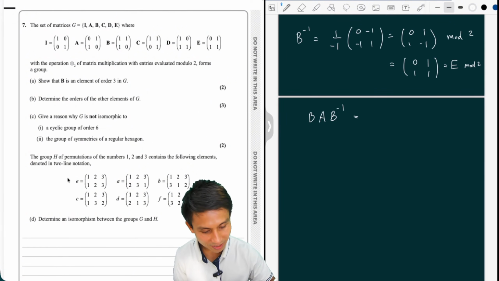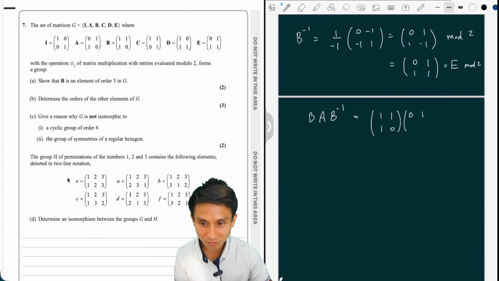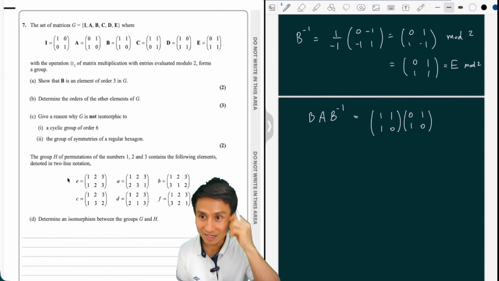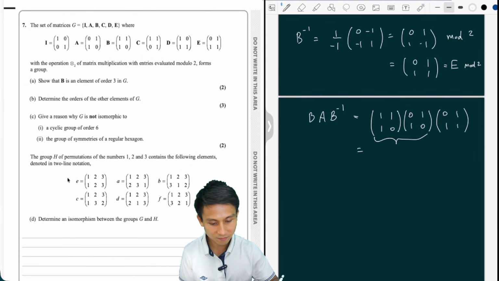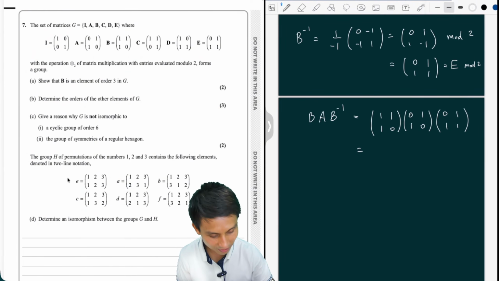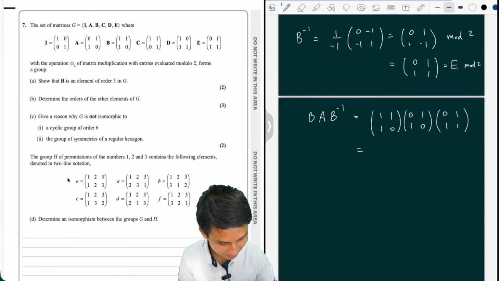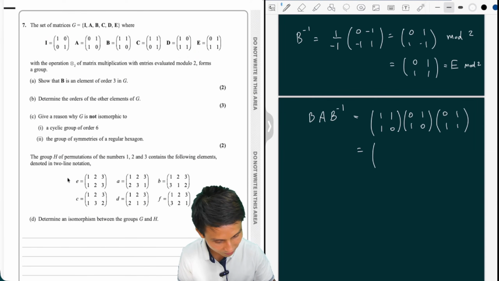So that's going to be, what's B again? 1, 1, 1, 0. A is 0, 1, 1, 0. Wait, it's not identity, sorry. Okay, so we do the first two first. We're going to have to be fast on this one. We get 1, 1, right?